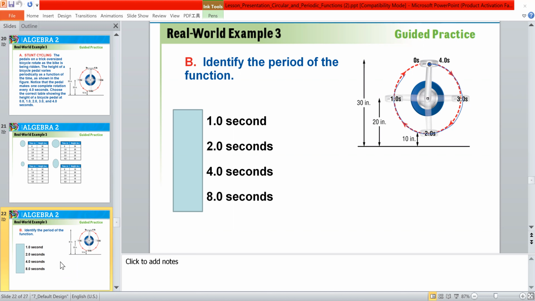After how many seconds do I make a complete rotation? 4. Yes, it means every 4 seconds I make a complete rotation if I go at the same velocity. So our period is 4 seconds.